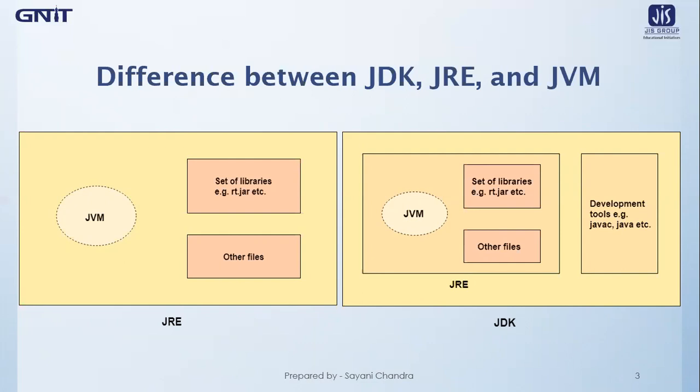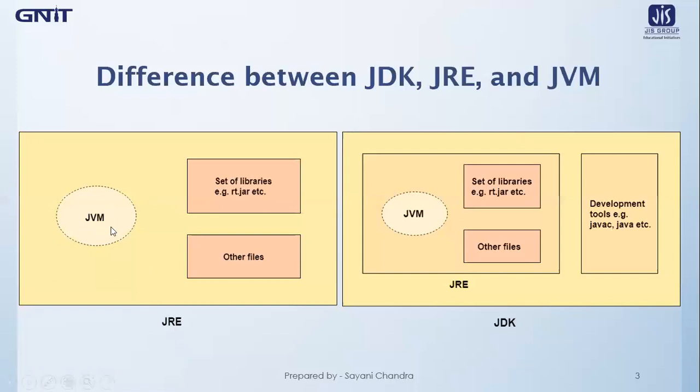Here in the left side picture, we can see the picture of JRE. This is the Java Runtime Environment where we can see that the JVM is inside the JRE. That means by using the JRE or the runtime environment, JVM can interpret the bytecode or the .class file inside which the bytecodes are there, and by interpreting the bytecodes, this JVM can display the output on screen or monitor or any hardware.